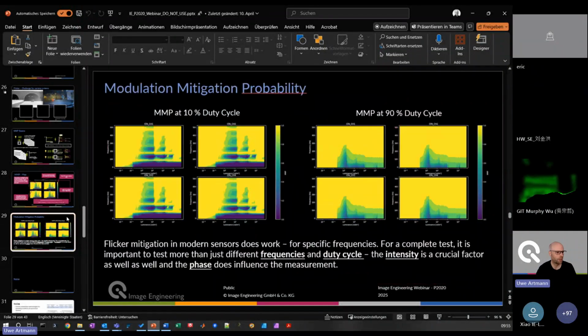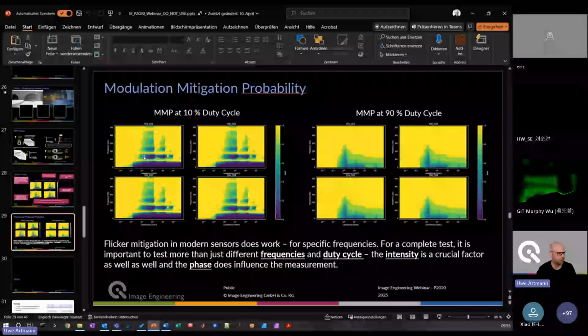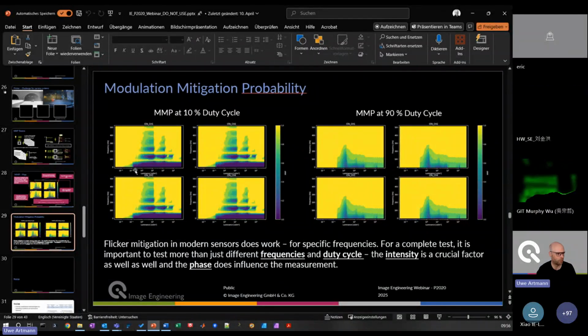In this example, you get an MMP of 1, or 100%, at a frequency of 100 Hertz, but then it goes all the way down to deep blue, to like 20% MMP. If we would use a larger 20% interval, we might not see all this. There might be some slight flicker, which we don't see. So our initial recommendation would be these 10%, but of course, if for your application you can tolerate more flicker, then it's fine to make that wider.